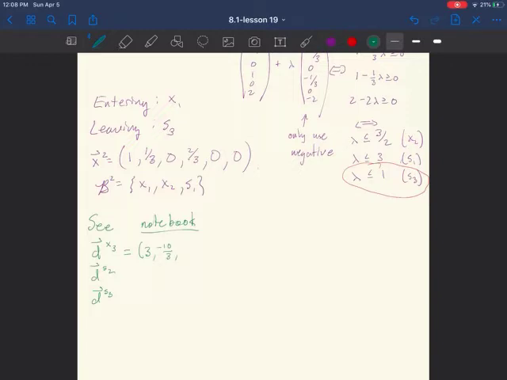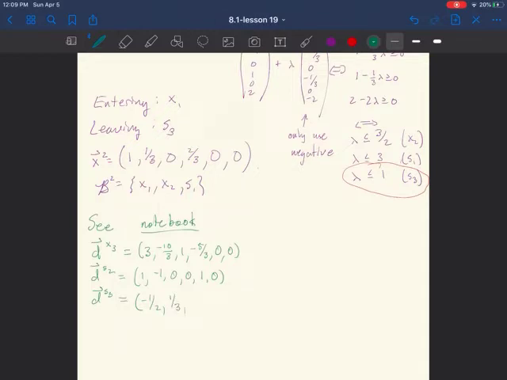And what you'll find these directions to be are 3, minus 10/3, 1, minus 5/3, 0, 0. The second direction you'll see is 1, minus 1, 0, 0, 1, 0.